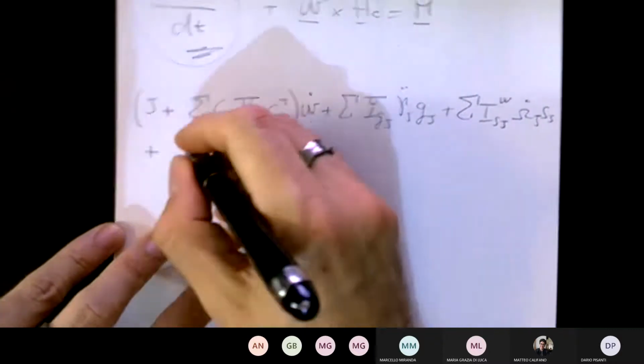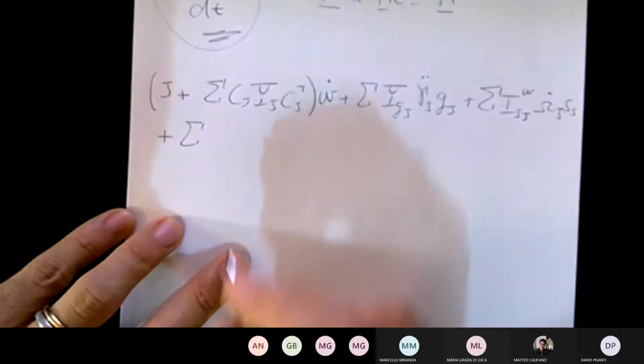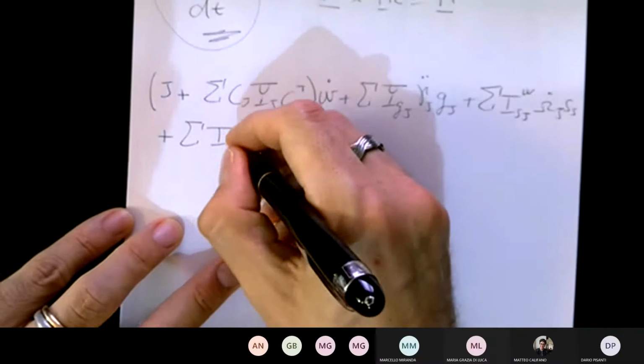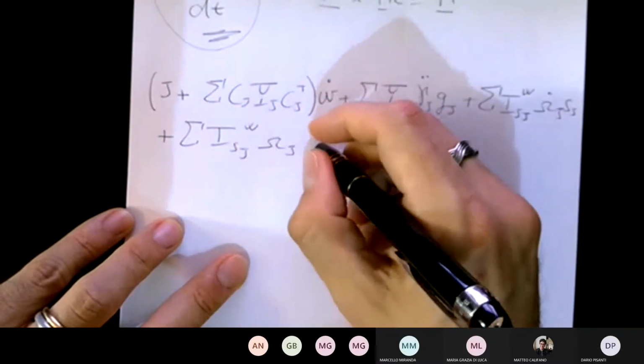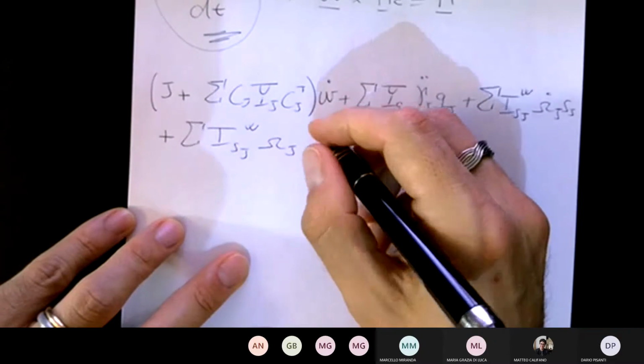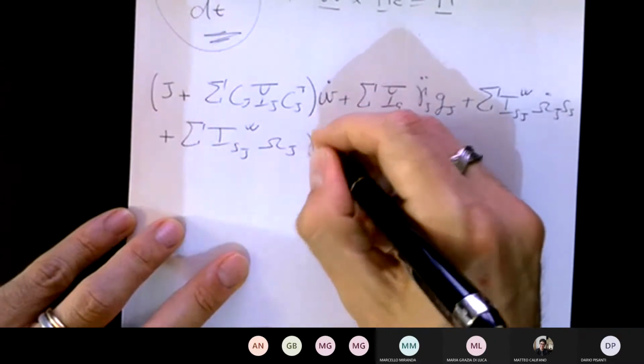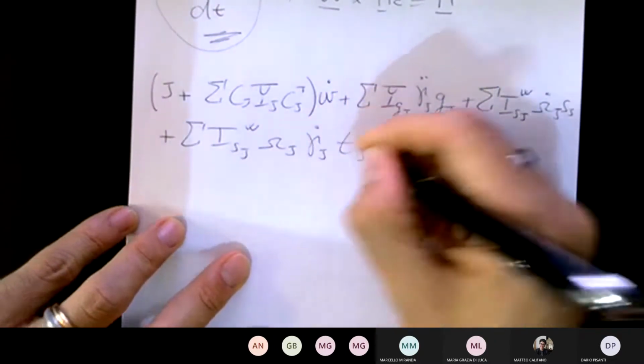Then I have the summation of the moments of inertia about the spin axis of the wheel, omega j gamma j dot tj.